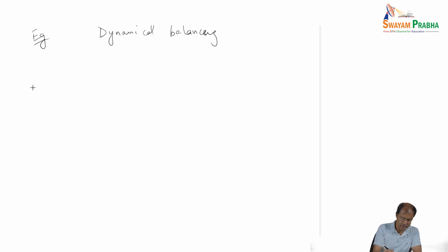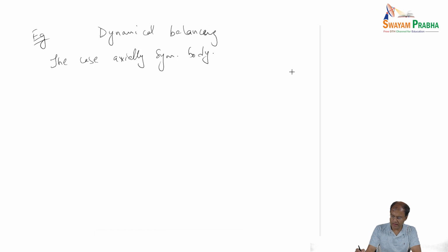So the problem is that we have a case of an axially symmetric body, and let us say this body is rotating about a pivot point. So this is my pivot axis, and the body is asymmetrically pivoted.